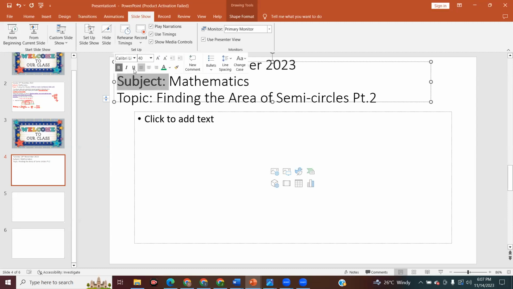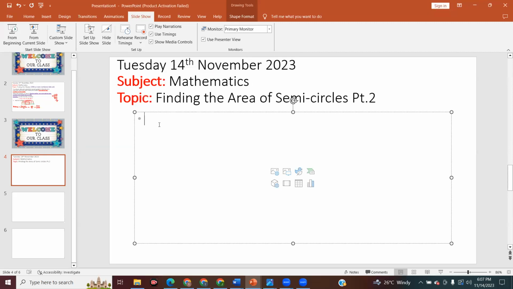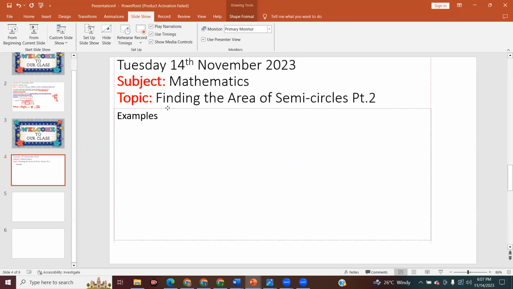All right, so the subject is mathematics. The topic is finding the area of the semicircle, part 2. So we're going to look at 2 examples, and then we're going to get into the study for the graded exercise. The instructions are simple.